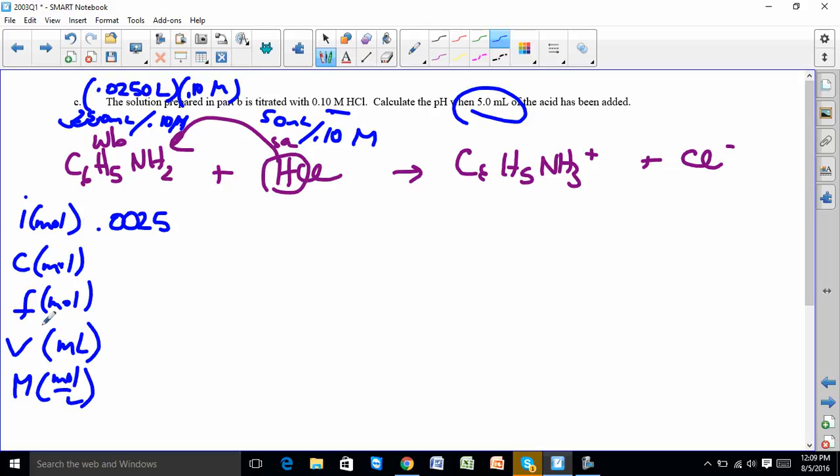I just keep them all on the chart because the rule for sig figs is you don't do anything with sig figs till the dead last step. All right, now this is going to be 0.005 liters times 0.1 mole per liter. Liter cancels with liter. And so then this ends up being 0.0005.